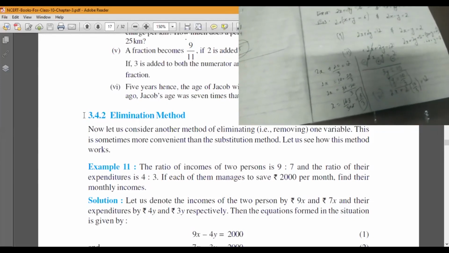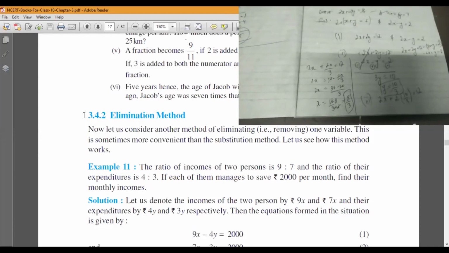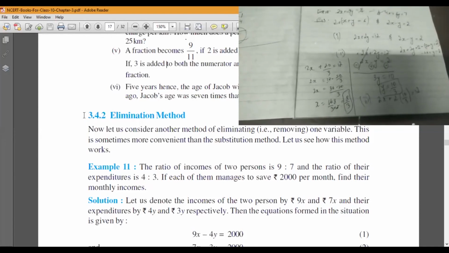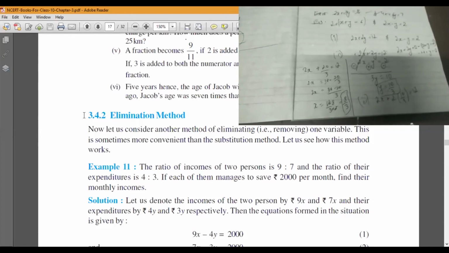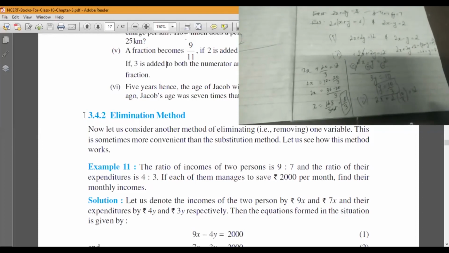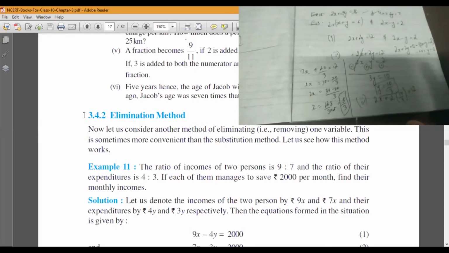So this is the simplest method, which I find simple. Some students find the substitution method simple. Some students may find cross multiplication simple. But I find this method the most simple, because you just subtract the two equations and get the value of one variable, put it in one of the equations and get the value of the second variable. As you can see, we have two variables and we have been given two equations.